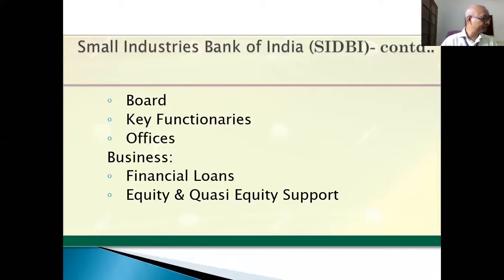So the board consists of those people. And its key functionaries are CMD, Mr. Mustafa, and a DMD is there, and other officials known as GMs at head office level in Lucknow and other offices.